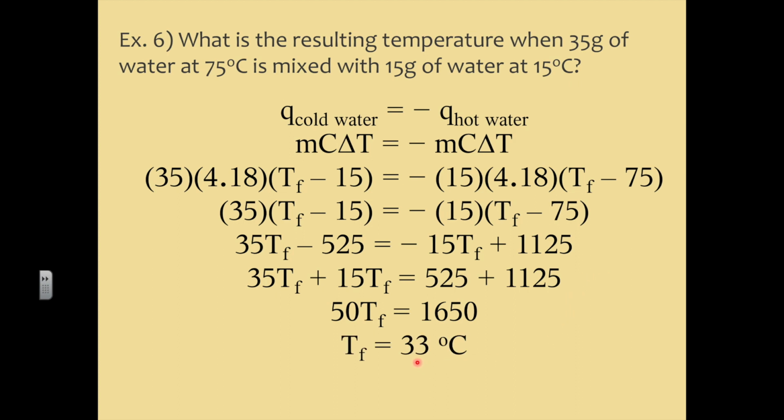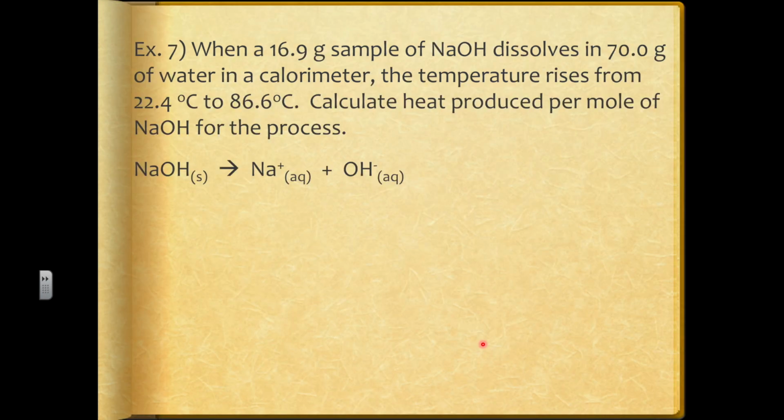Very simple. Now that makes sense, right? 33 degrees Celsius. It started out at 15, and then this one started out at 75. But because we had 2 different masses right here, they're not going to meet exactly in between 15 and 75. They're going to meet somewhere about 33. So that does make sense.